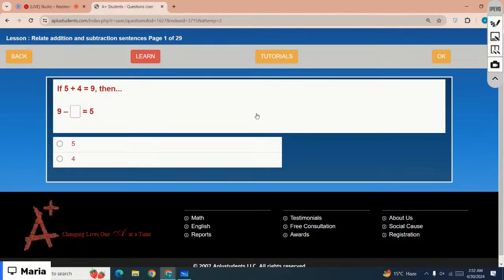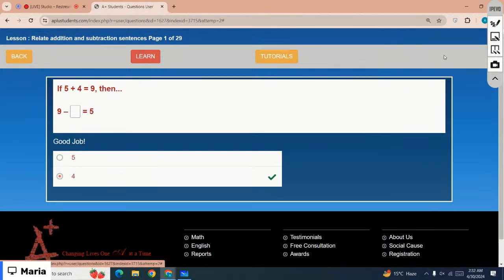The correct option is 9 minus 4 equals 5, right? You have to solve through the fact family. In the fact family, the numbers in all the sentences are the same. So yes, the missing number is 4. 9 minus 4 equals 5.